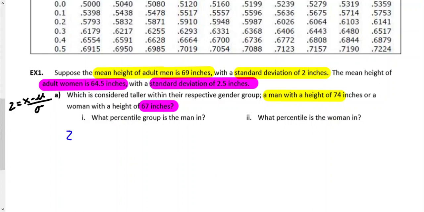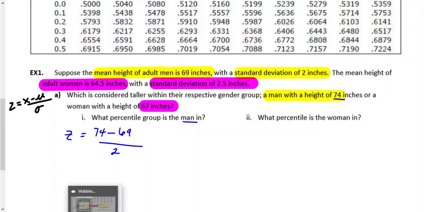So my z-score is equal to something minus my mean for the adult man. So my mean height is 69 divided by my standard deviation for the adult man, which is 2. Now, the x value that we use is the number for the particular man. So in this case, 74.